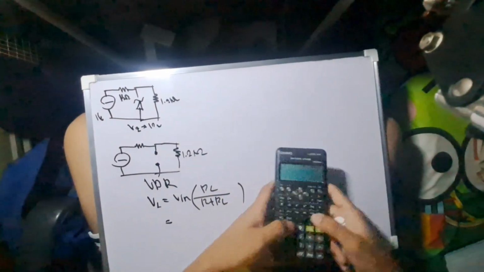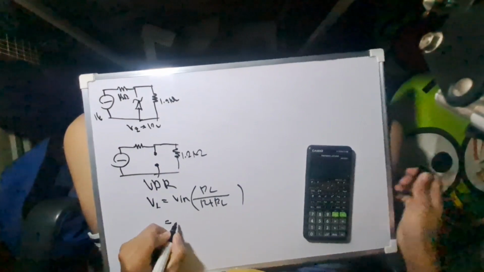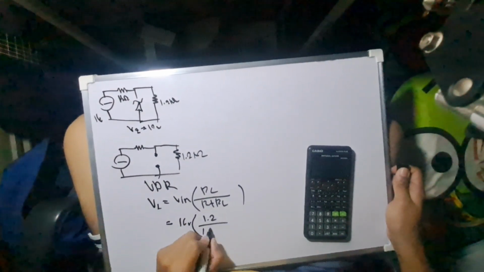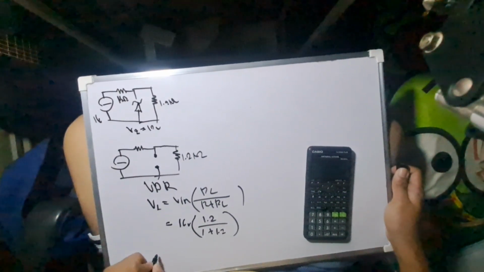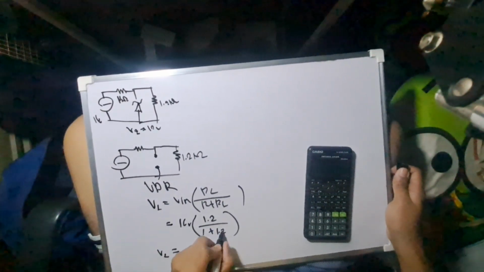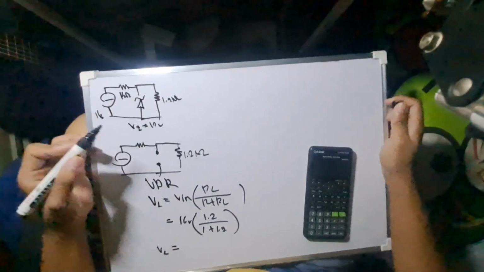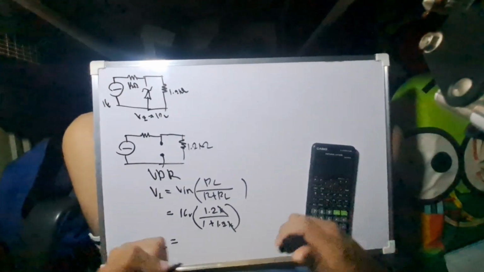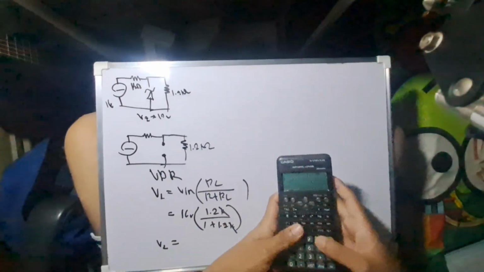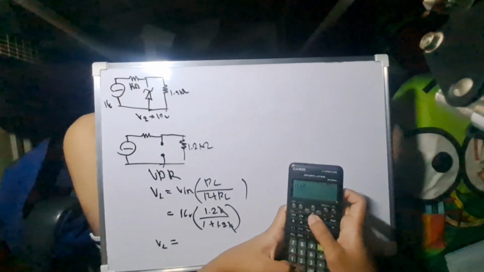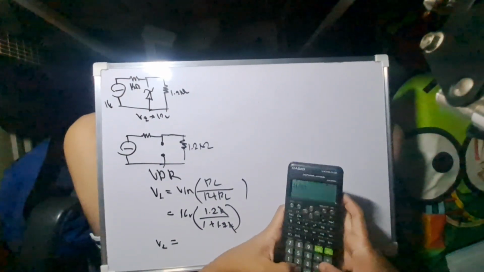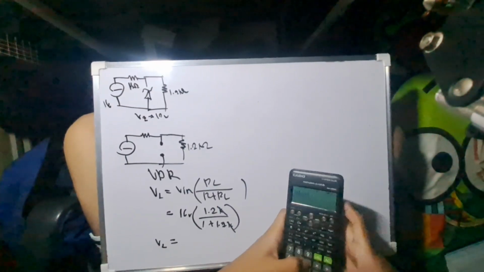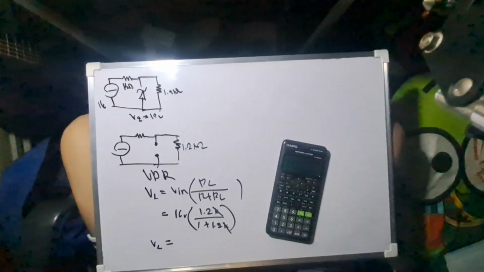So we have 16 volts times 1.2 over 1 plus 1.2. Kahit di ko nilagay yung units dito, kasi yung kilo ni 1.2 and kilo sa baba, cancel. So we're only left with no suffix siya. So 16 times 1.2 over 2.2, so it's 8.727.